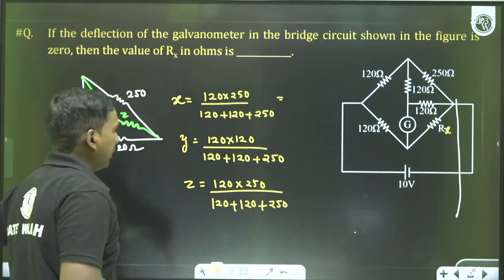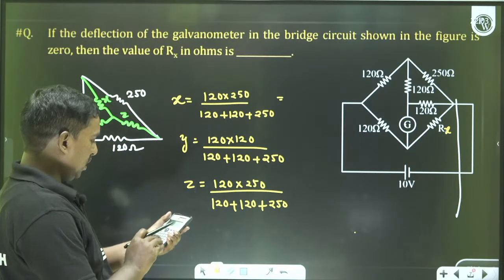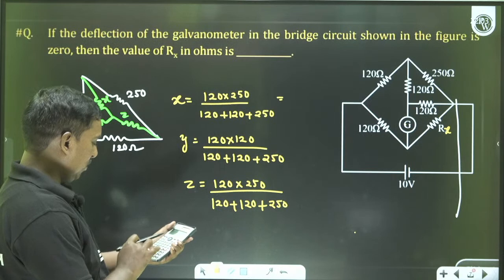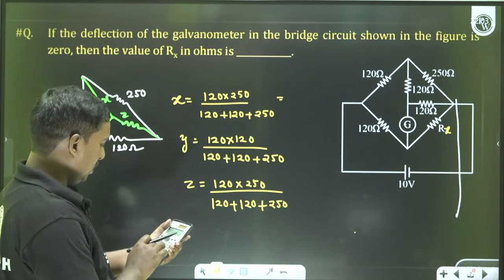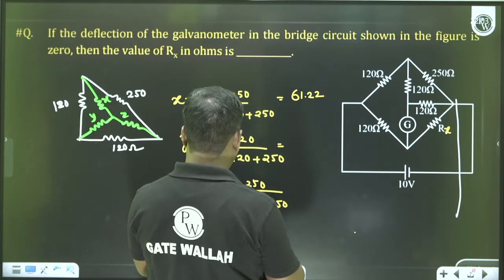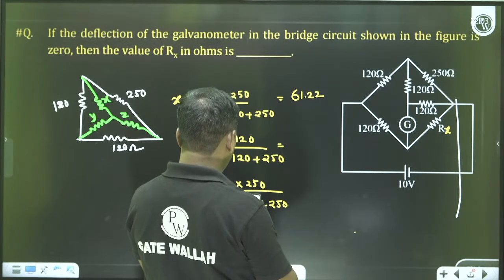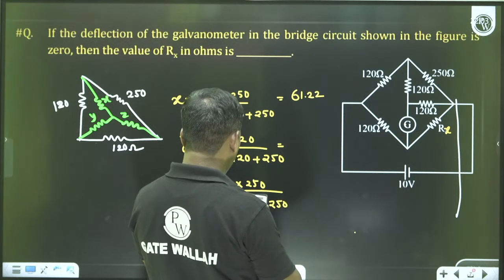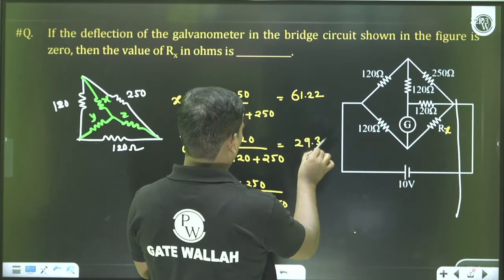How much are we going to get? 120 into 250 divided by 120 plus 250 plus 120 is coming around 61.22. Next, 120 into 120 divided by 120 plus 120 plus 250 is coming as 29.38.